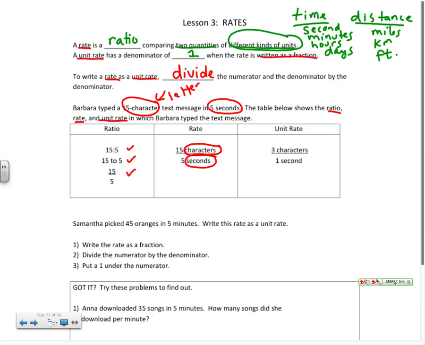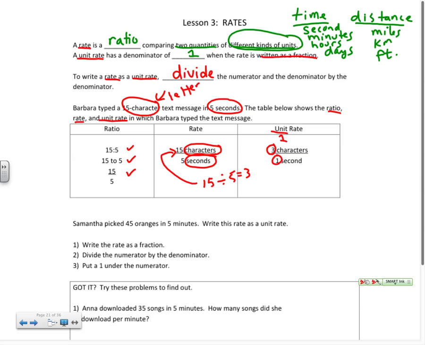And then finally, unit rate. Unit always means 1. So what did we do? We divided here 15 divided by 5. Remember that bar is also a division bar. So 15 divided by 5 is 3. Here's my 3. And I always put a 1 under it for unit.